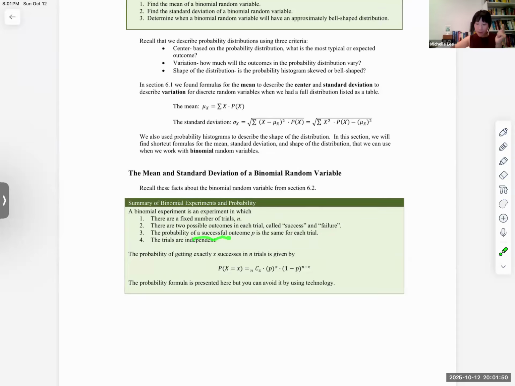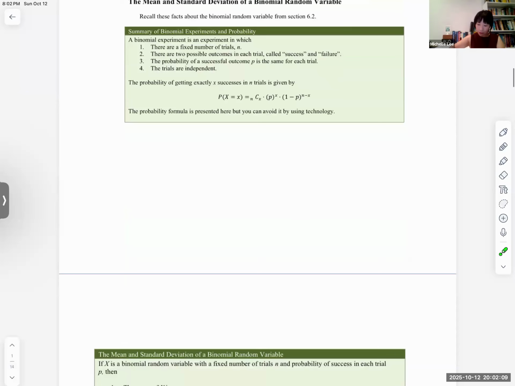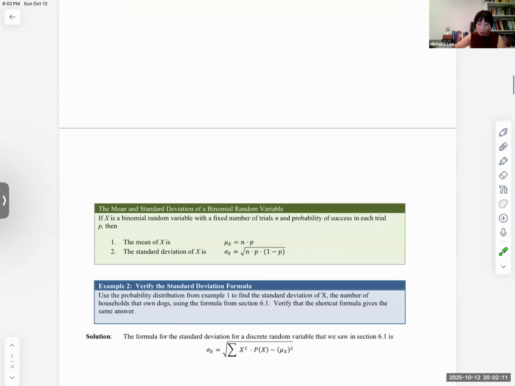And we have to have a probability p of success, and the trials must be independent. And then we have the formula. So today we look at the mean and standard deviation of a binomial random variable.